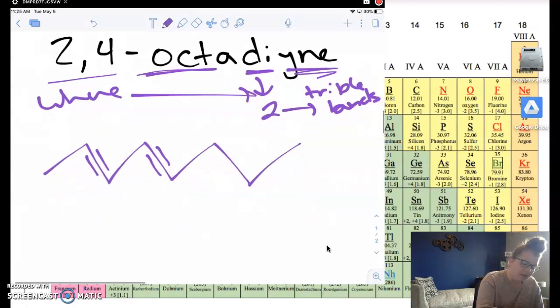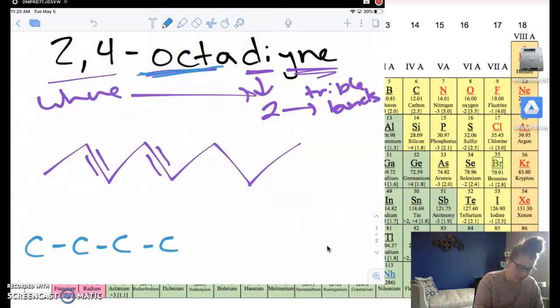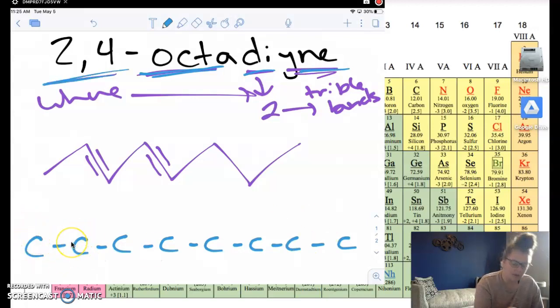If I were to draw this structurally, I would still start with my 8 carbons. So 1, 2, 3, 4, 5, 6, 7, 8. I would see my diyne again, my 2 triple bonds, and they're going to be at the 2 and the 4. So then I would go 1, 2, and I'd put a triple bond here. And then 3, 4, I'd put a triple bond here.